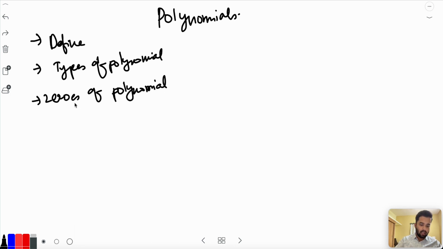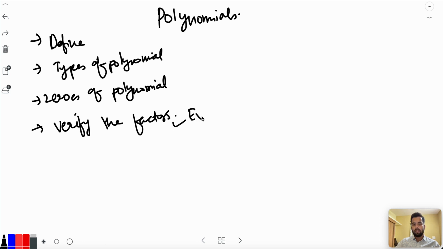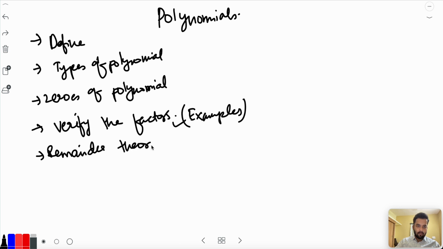Then, based on the zeros, verify the factors. This part will mainly be the example part, so I will take examples in this topic. After that, the remainder theorem will be there, then the factor theorem will be there.